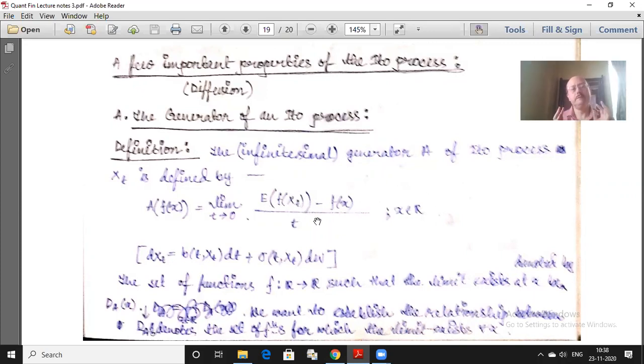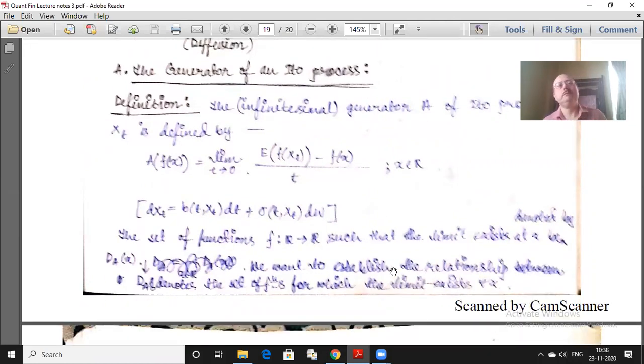First of all, we need to understand that this symbol makes the right kind of sense. Of course, expectation is a deterministic function of time, so this ratio is a meaningful ratio. Then we need to understand whether the limit actually makes sense.